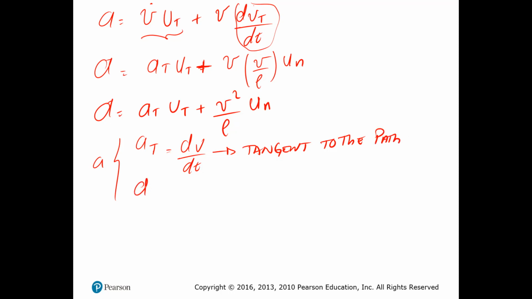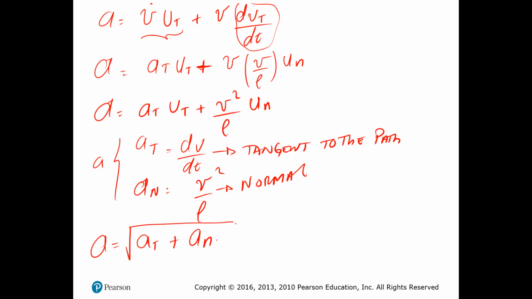And then you have the normal acceleration, which is equal to v squared divided by rho, and this is always normal, pointing to the center of the curvature or the center of the concave curvature. So therefore, acceleration is equal to at plus an. Simple as that when you want to get the magnitude, sorry.